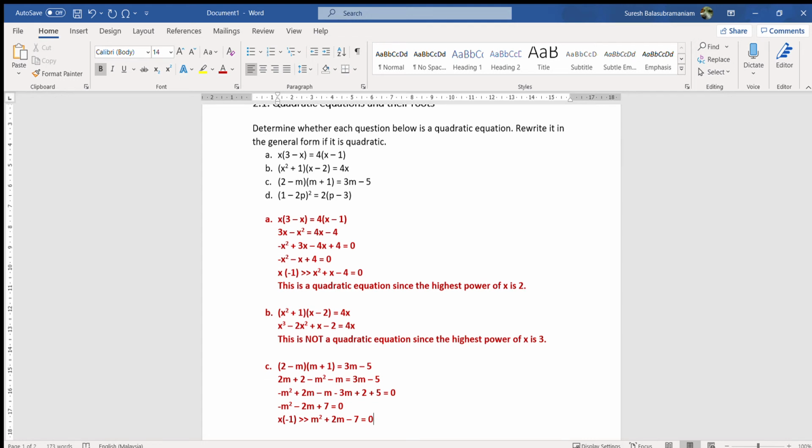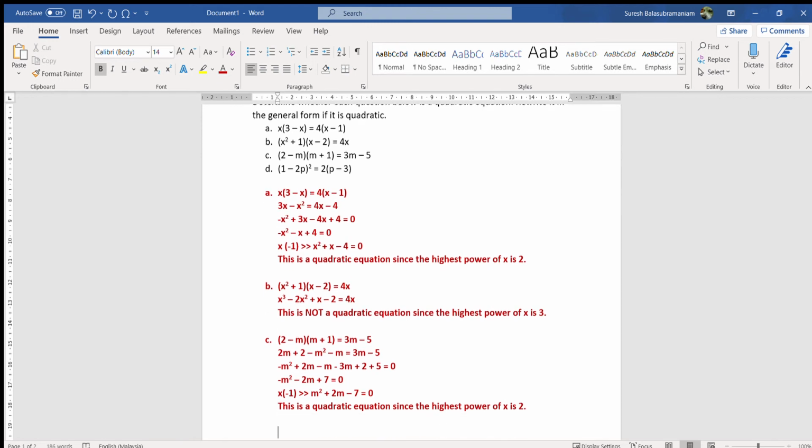So the highest power of m is 2. So this is a quadratic equation, since the highest power is 2.